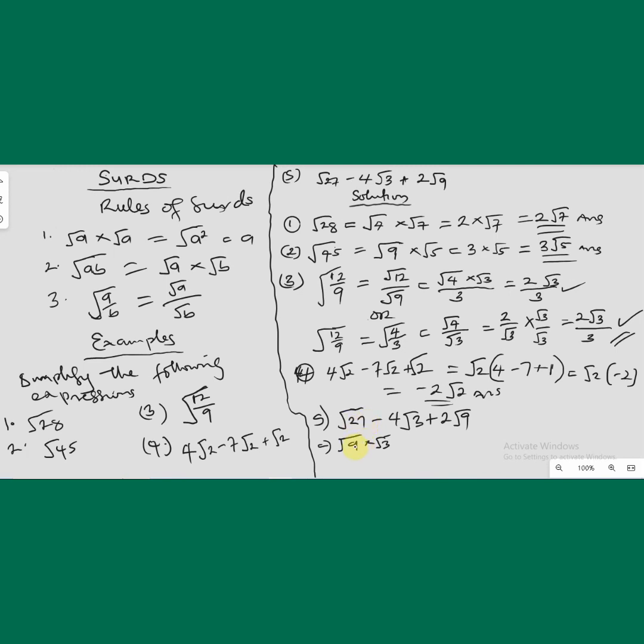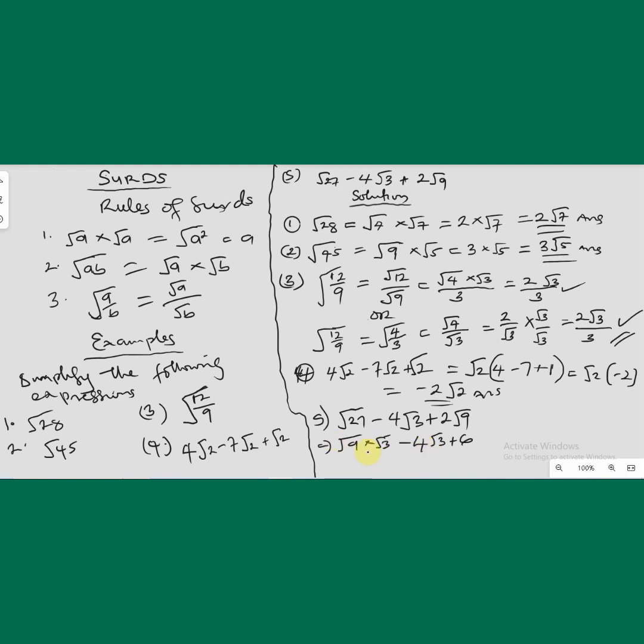And square root of 9 we know is 3. So I'm going to write minus 4 square root of 3 plus, square root of 9 is 3. So that 3, because it's now an ordinary number, 3 times 2 is going to give me 6. I will write 6 here. Okay? Now, looking at this, square root of 3 is here and square root of 3 is here.